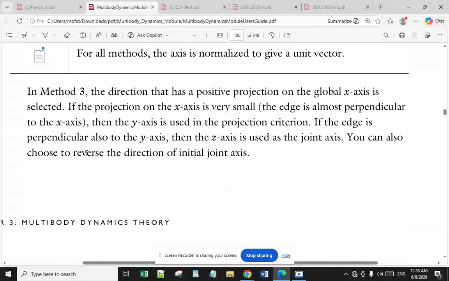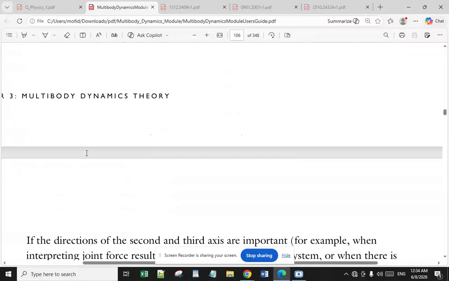In method 3, the direction that has a positive projection on the global x-axis is selected. If the projection on the x-axis is very small, meaning the edge is almost perpendicular to the x-axis, then the y-axis is used in the projection criteria, and if the edge is perpendicular to the y-axis, then the z-axis is used as the joint axis. You can also choose to reverse the direction of the initial joint axis.